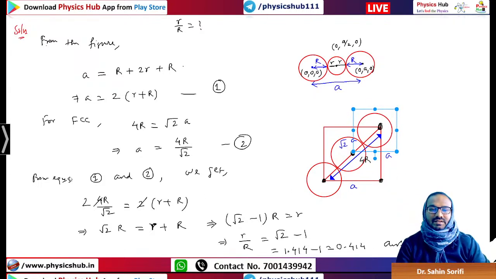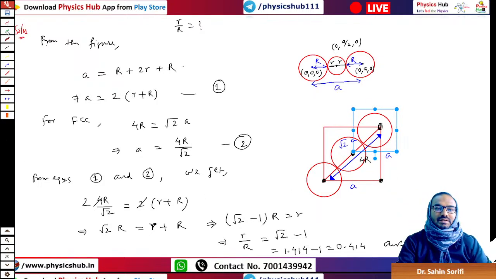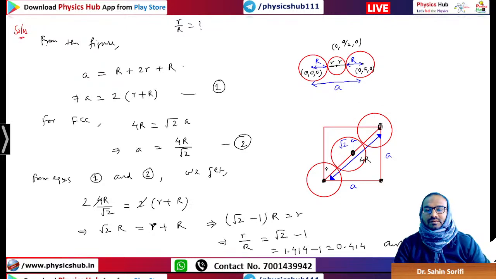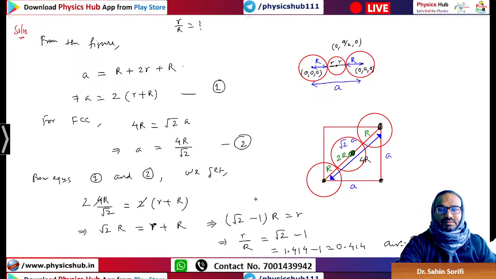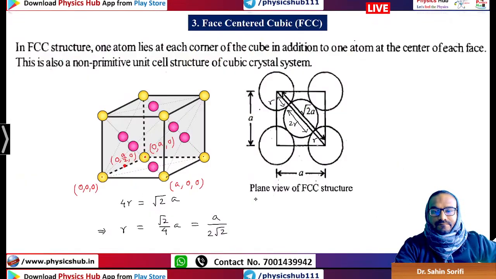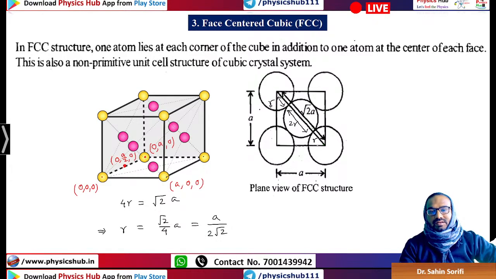You imagine it in this way: here the radius is r, here the whole atom is there, so this is 2r, here half of the atom is here, so r. So r plus 2r plus r, that is 4r. Center to center distance becomes 4r. You can see this is how it is: r, 3r, 4r. Here in the question they have said you have to take capital R, that is 4R.